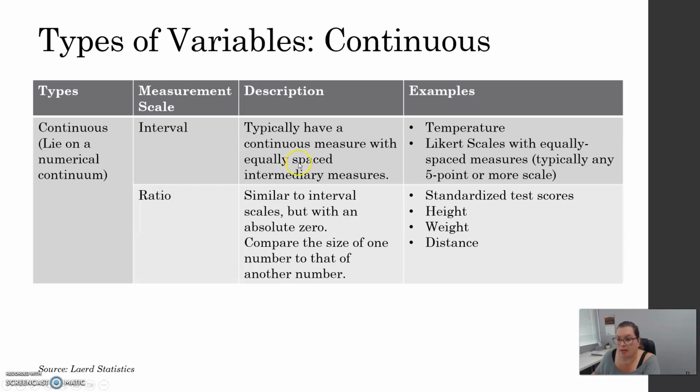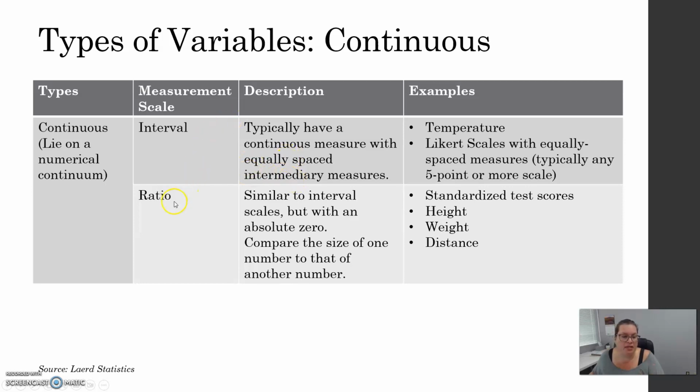For my study, I approximated my Likert scale variables as continuous and included support and rationale for that by citing research that's out there. So talk to your chair about how you want to approach a Likert scale and how you would measure that and categorize it.